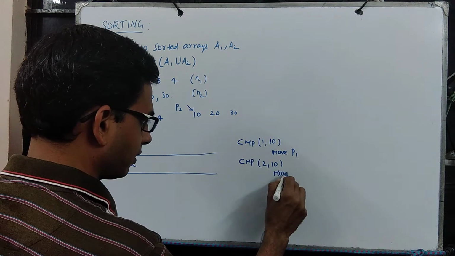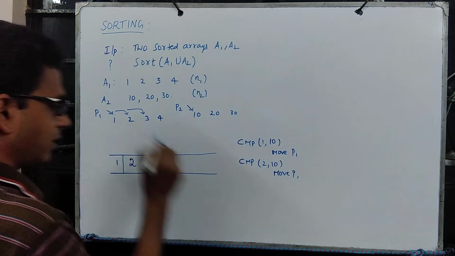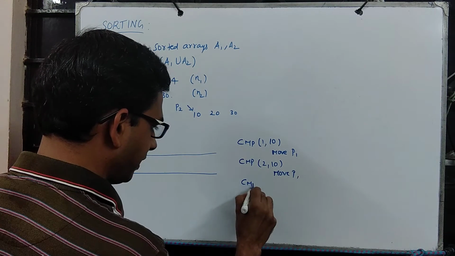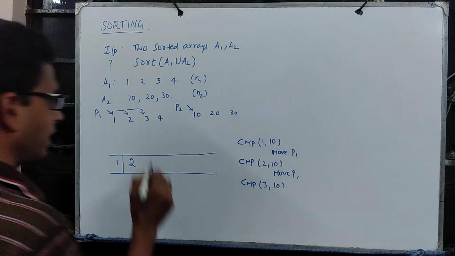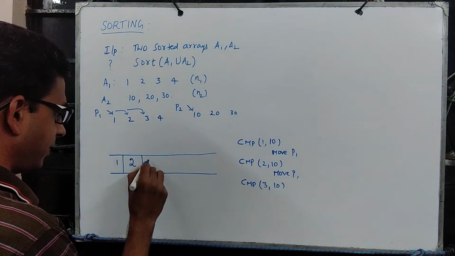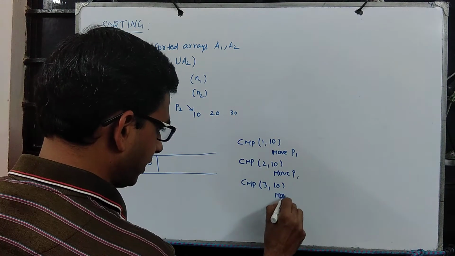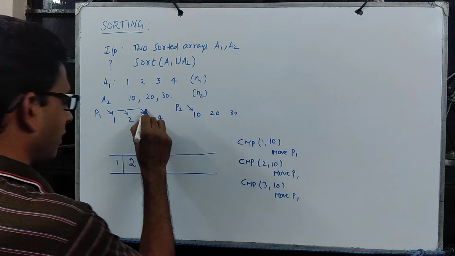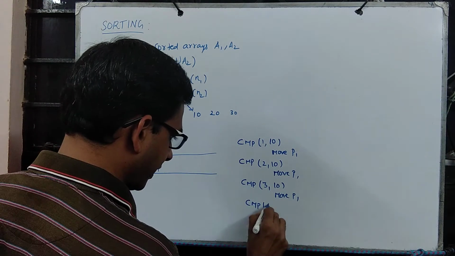So again move P1. Then compare the current elements pointed to by P1 and P2. Again this is small, place it over here. Then move P1. Compare 4 and 10.